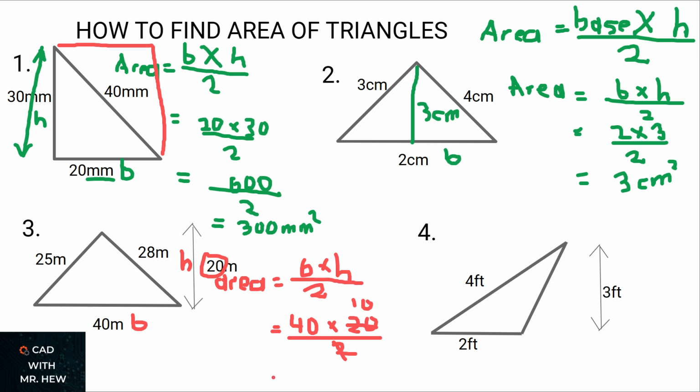So 40 times 10 is 400. The units is meter, so it's meter squared. Whenever you're working out the area, you always get squared.